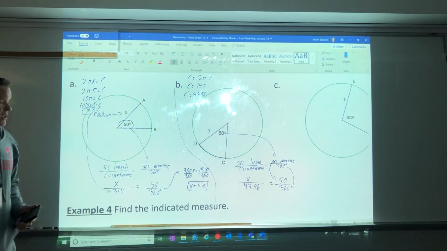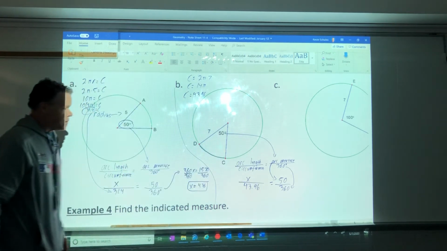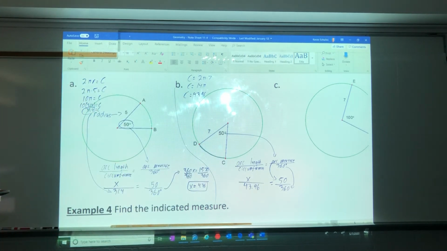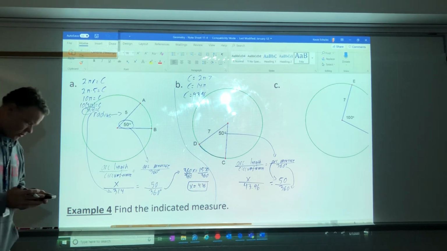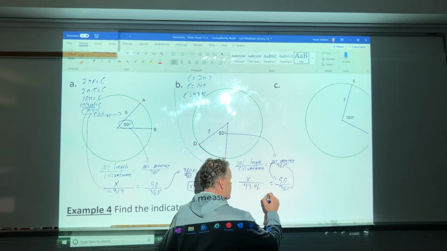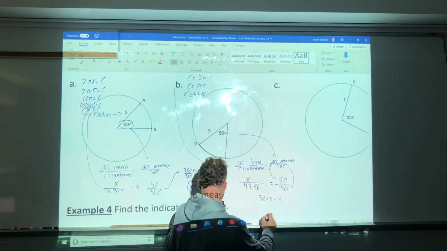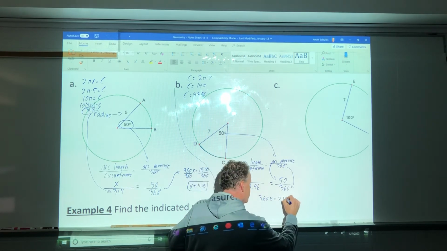We're going to do 50. We set up the proportion. We all know the proportion. We just cross multiply. 50 times 43.96 is going to give us 2,198. So 360x equals 2,198.